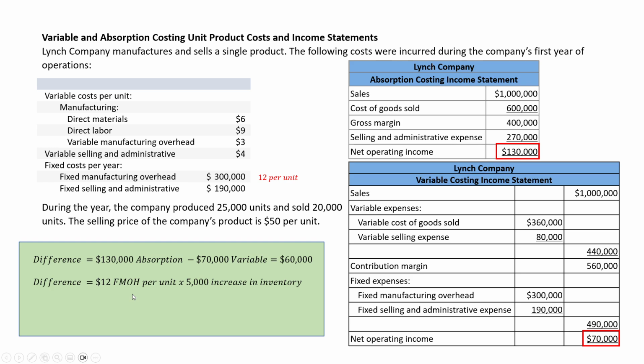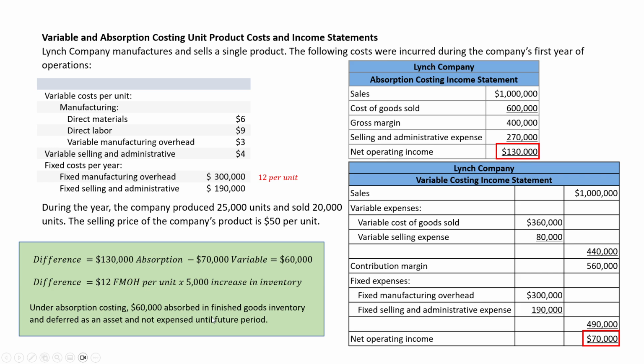Now, I'll also note we had a change in inventory. So if we didn't start with an inventory and we produced 25,000 units and we subtract out the 20,000 units sold, that means we must have increased our inventory and had 5,000 units in ending inventory. If we take those 5,000 units that we added to ending inventory and did not become part of cost of goods sold because they're still stuck in finished goods, times the $12 per unit, we get our $60,000.